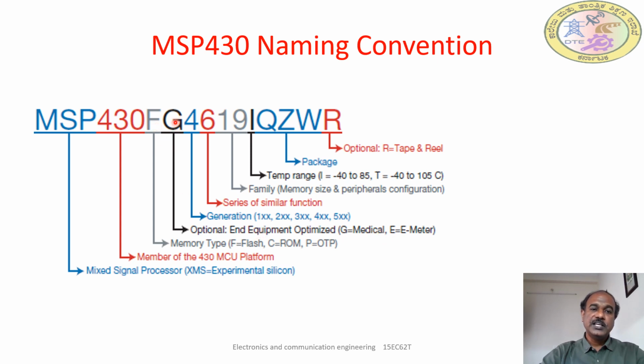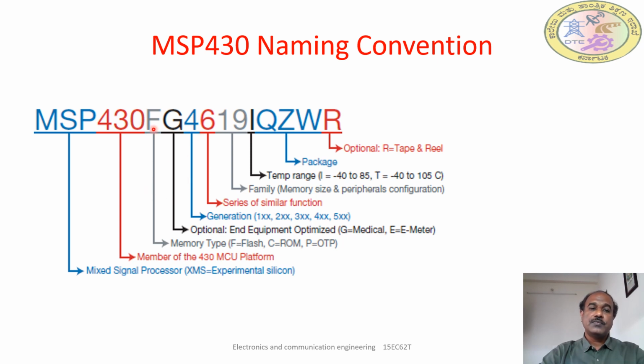If it is E instead of G, then this MSP430 is optimized for electric meter applications. So the first letter indicates the type of memory, and this optional second letter indicates the particular field for which the microcontroller is optimized.